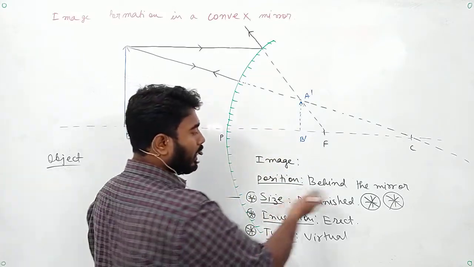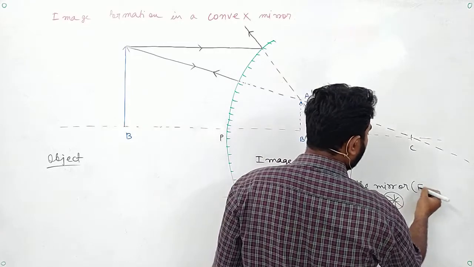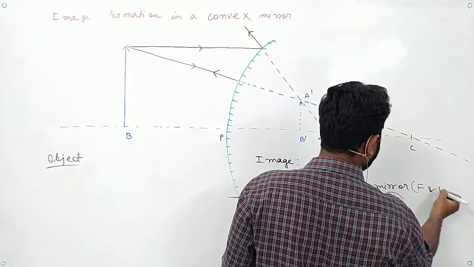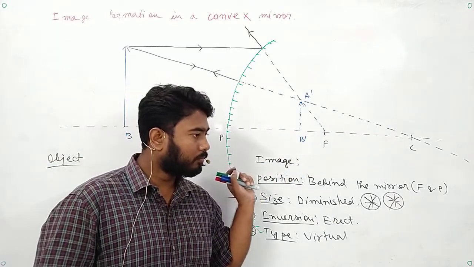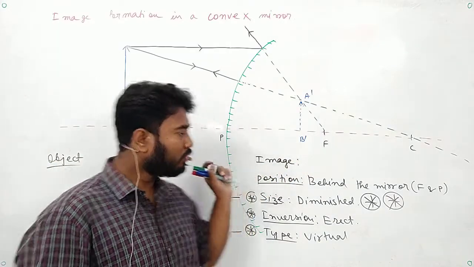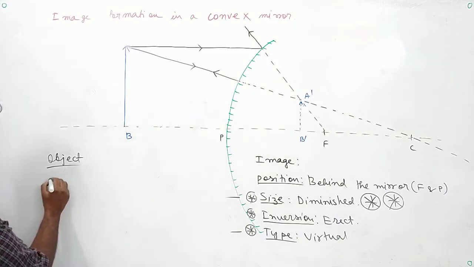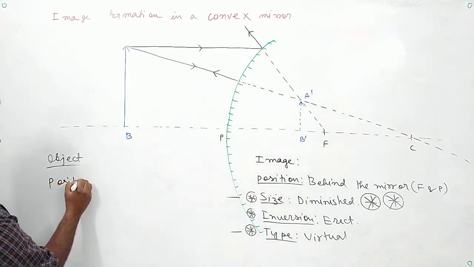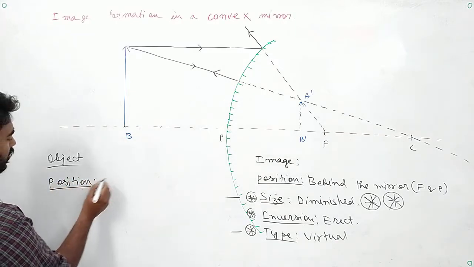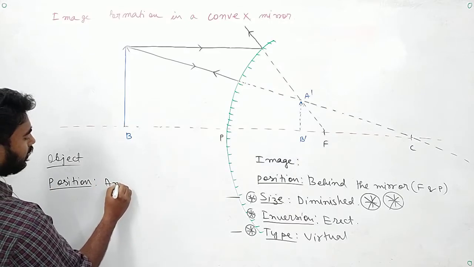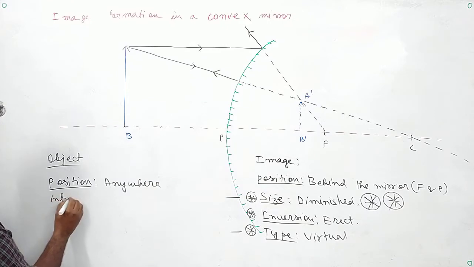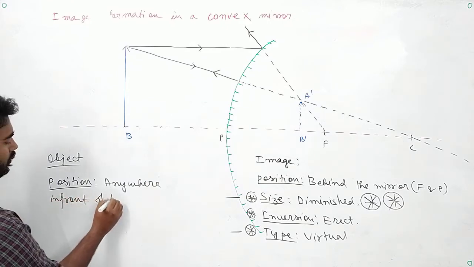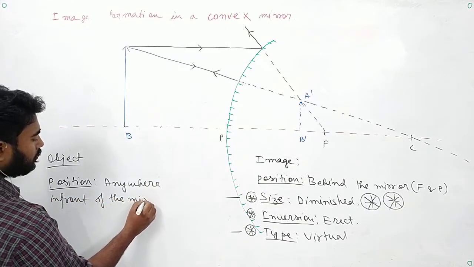So the position of the object is anywhere in front of the mirror.